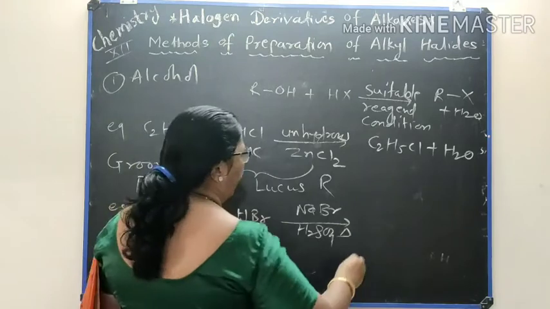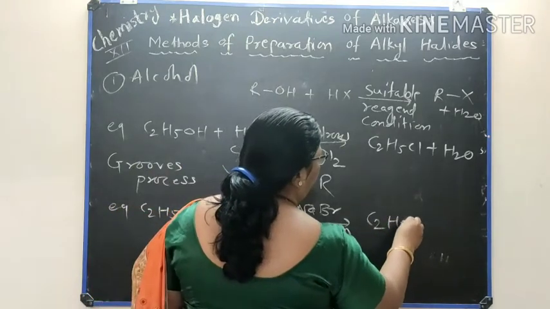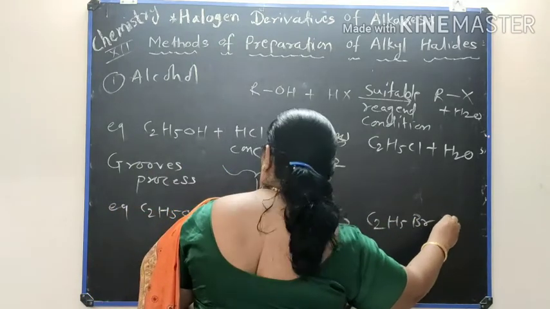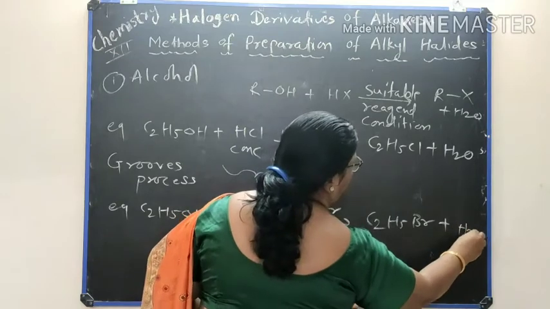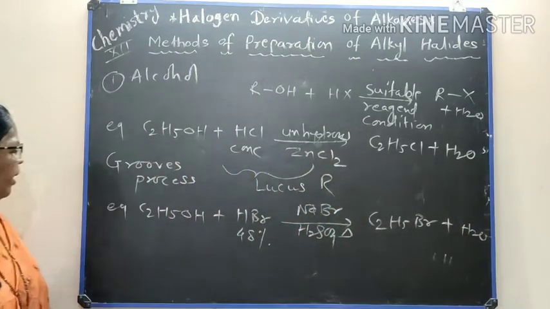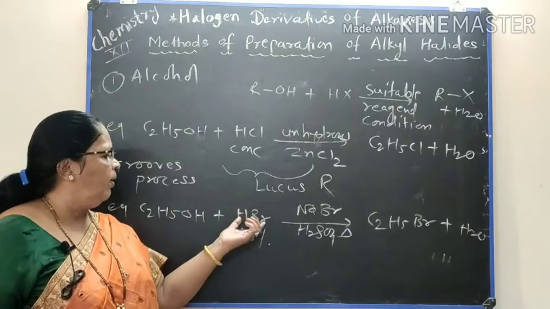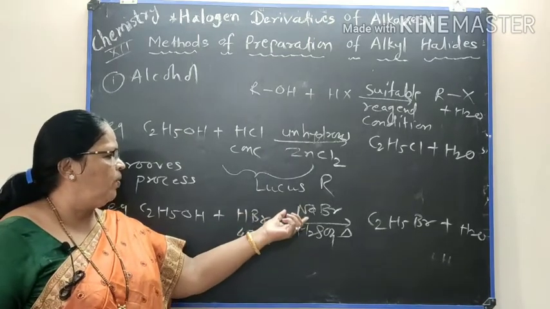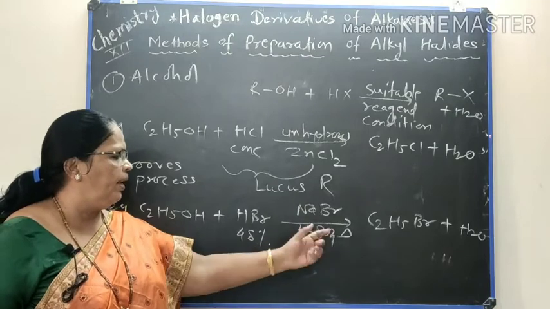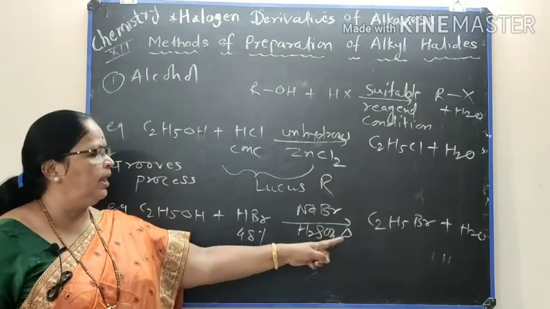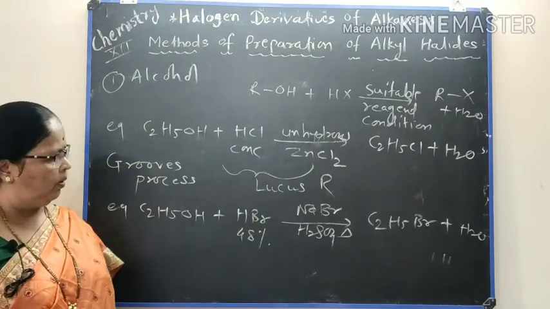After heating, here you will get C2H5Br plus water molecule. Again here ethyl alcohol is treated with 48% of HBr in presence of sodium bromide and sulfuric acid. After heating, it produces ethyl bromide and water molecule.